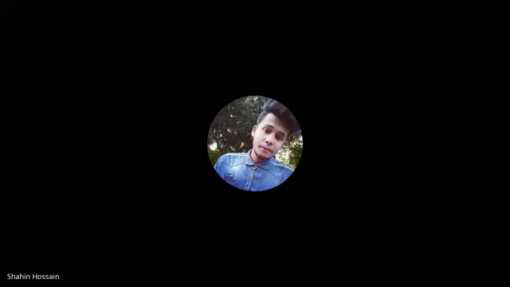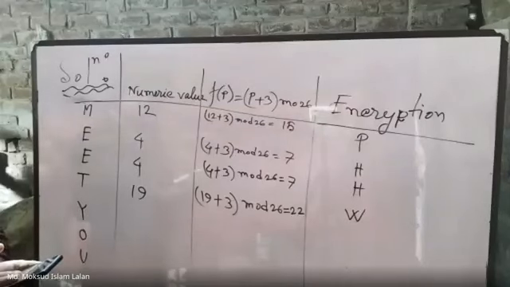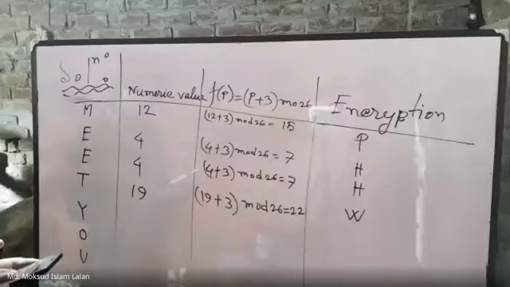O will be 15. No, sir, 23. That means W? No. X, sir. 22, 23, X. Easy, na?